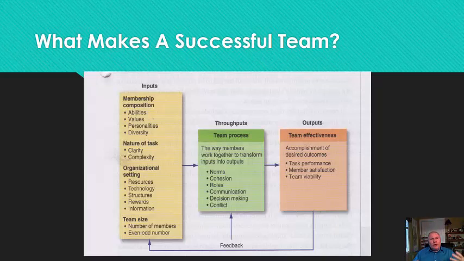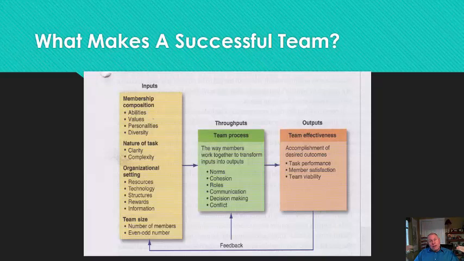Then you look at team size. How many people can you have on a team and really be effective? And sometimes it can be a bigger team. But a good size to start with is always 5. You can get up to 10. And honestly, once you get up to a team greater than 15 or 20 people, keeping it focused is very, very difficult. And then do you want a team with even or odd members?